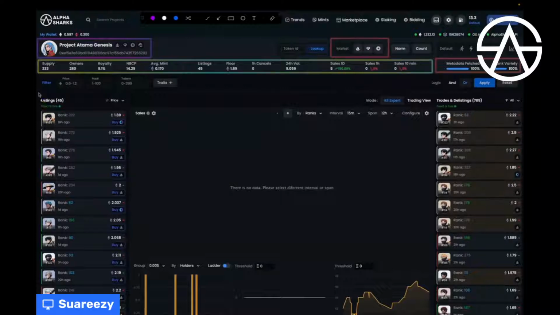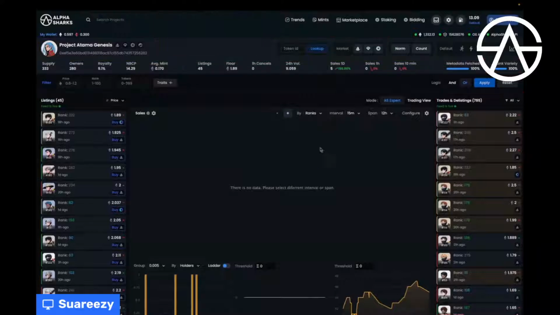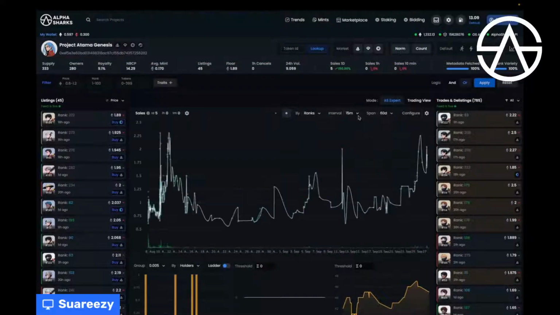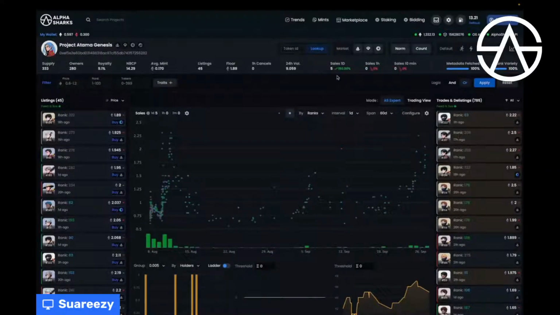So you can notice we have columns on the left hand side and a column on the right hand side. The left hand column is going to be the amount of listings that we're actually viewing. The right hand side is going to be trades and delistings that we're actually viewing via the chart. And what we can do, let's put this on like a 60-day and take those off.